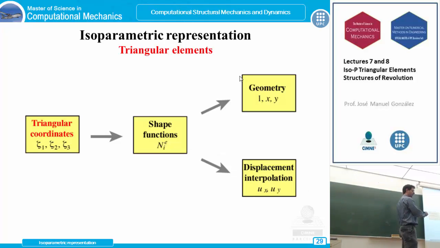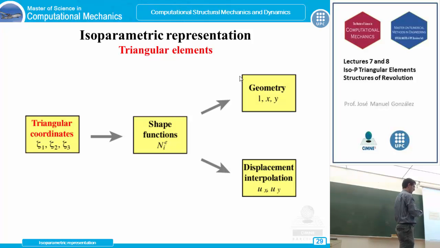Remember that at the beginning, in the first slide with the linear triangular element, we were talking about these triangular coordinates. It's a geometric issue from the triangular element. And we found that these triangular coordinates were used as shape functions to interpolate the geometry and the displacement, which is our primary variable. So we have 2 interpolation variables using these shape functions.